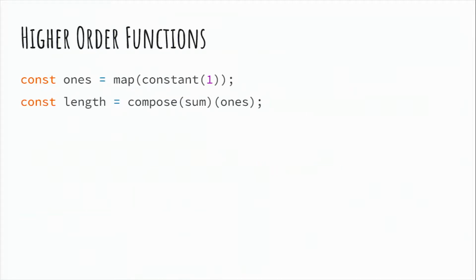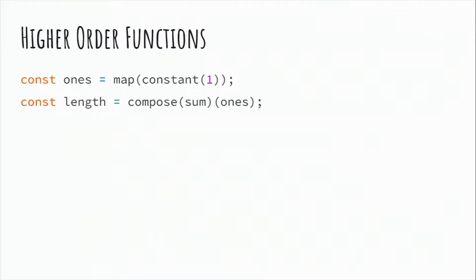So let's use these as well. So we'll create a function called ones. So this does a map of constant 1. So constant 1 is a function that always returns 1. And a map of that function will take a list and turn all the elements into ones.